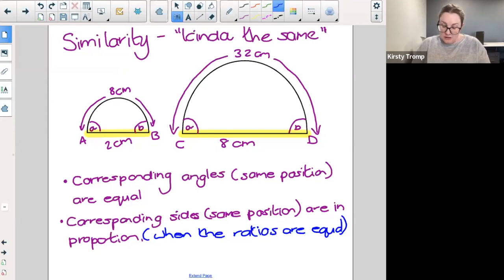Two other words that you need to know before we carry on here. The first word that you need to know is what we call an enlargement.